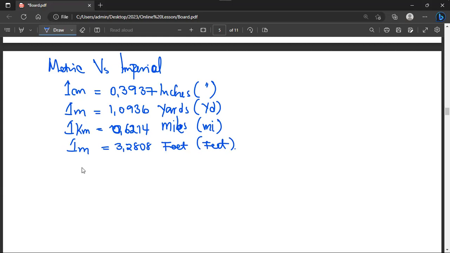As I said, this table will always be provided to you. It might not be as big as this, or it might not be as small as this. All right, we call these conversion factors.